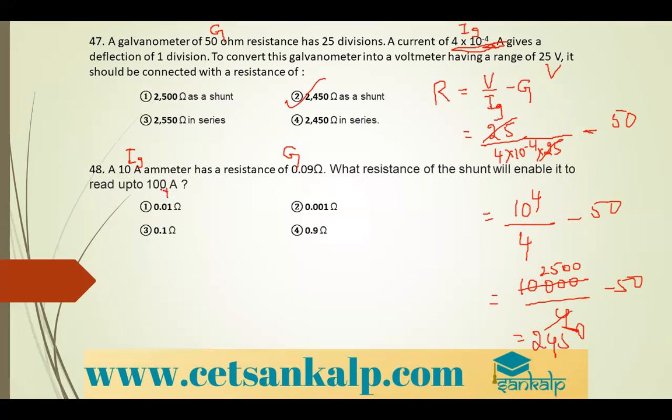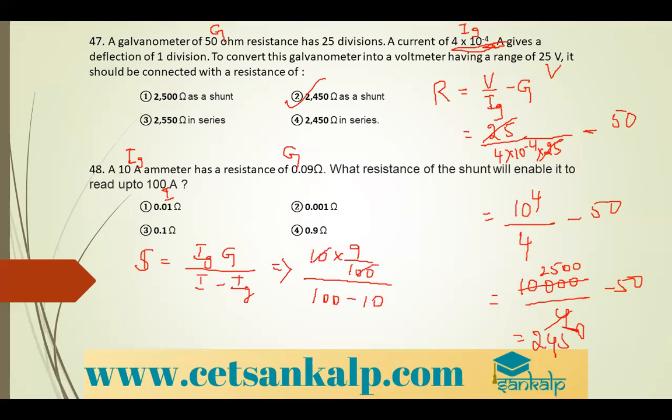So the total current I is 100. For the shunt we have the formula S is equal to IgG divided by I minus Ig. So Ig is 10, so 10 into 0.09, whole divided by I minus Ig, which is 100 minus 10.